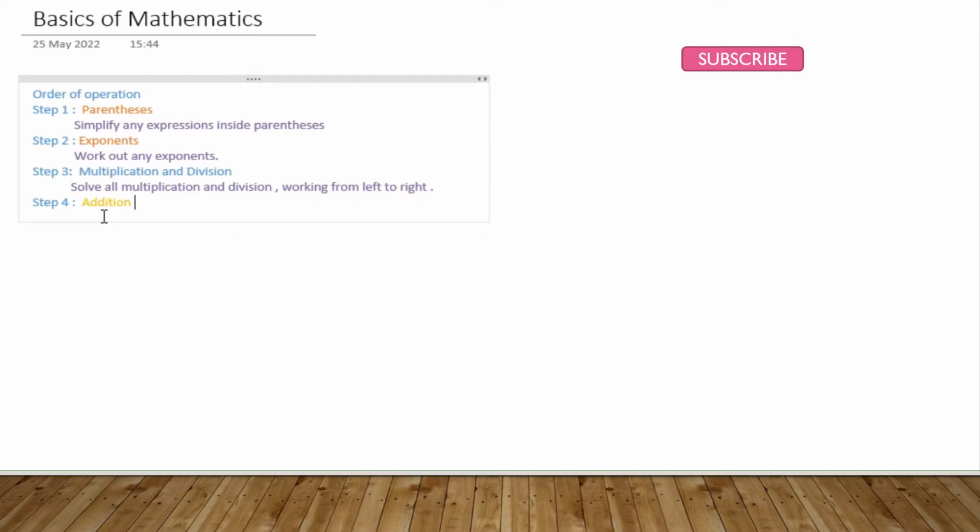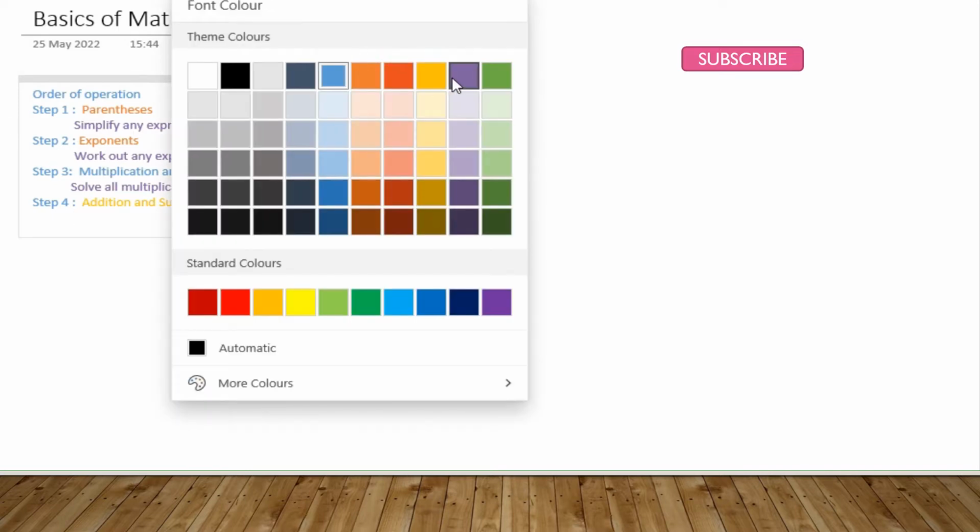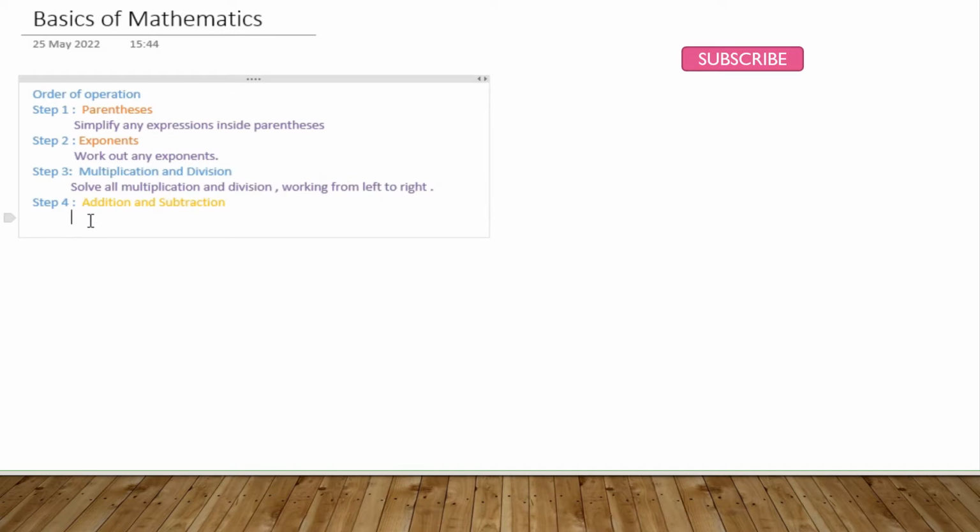Addition and subtraction. These are done last, from left to right.